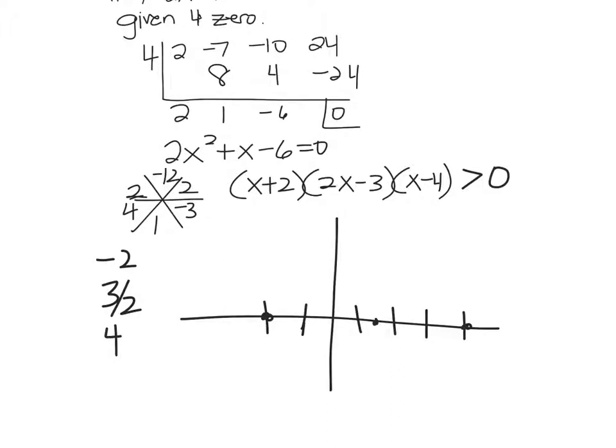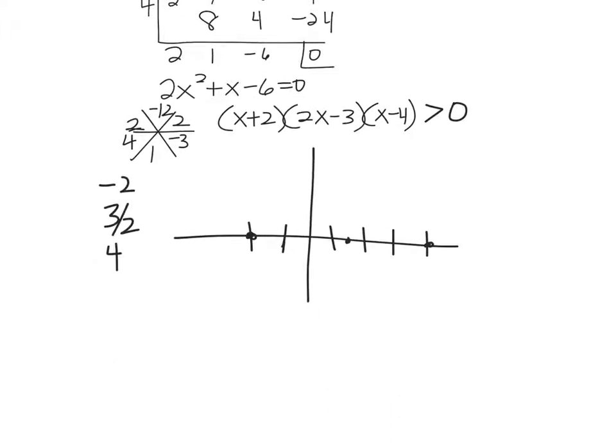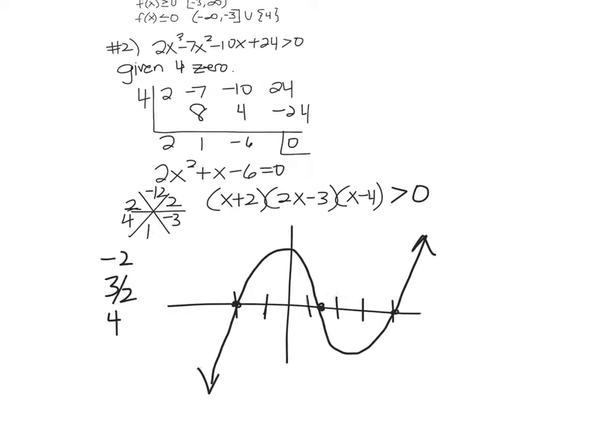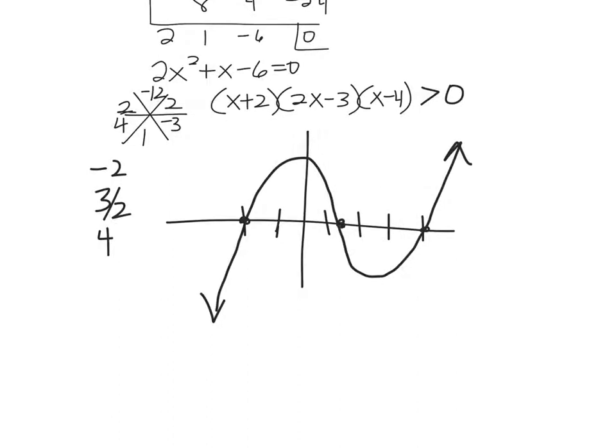Okay? Third degree polynomial, leading coefficient is positive. It's going to go up, through, and through. No, nothing fancy. There's no doubles. There's no triples. There's no crazy stuff going on. It's very basic. So here we go. We need to find the intervals of x where this polynomial is greater than 0.